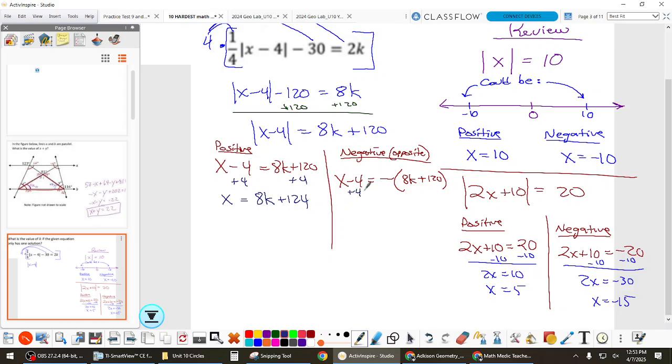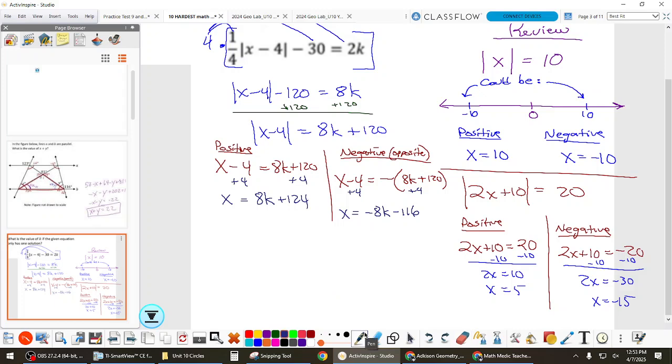Sure, we can, but we have to be careful with sign here, right? So this is negative 8k, and this is negative 120 plus 4, which is what? Yeah. Okay. All right. So this is equivalent to our two solutions before.